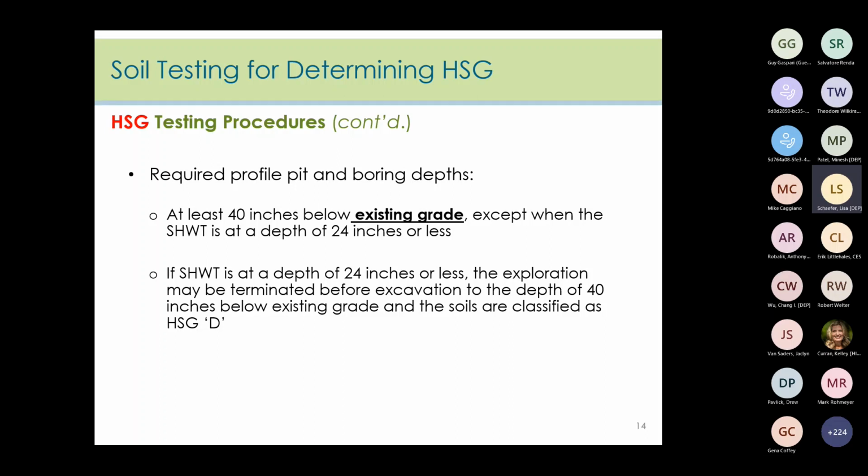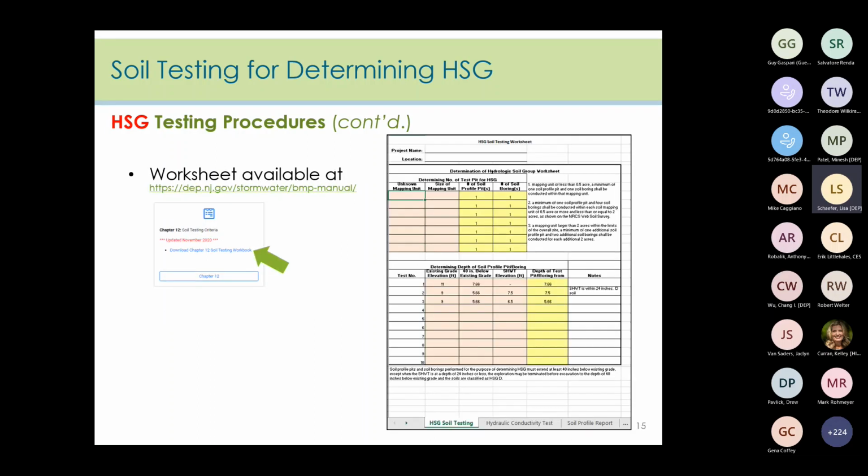So that basically is everything I have for you today on determining the HSG, but there's a workbook that you can download from the website, and this is the first workbook in the whole shebang, and that will give you a place to record your findings.